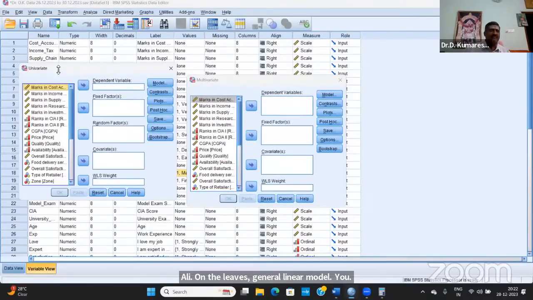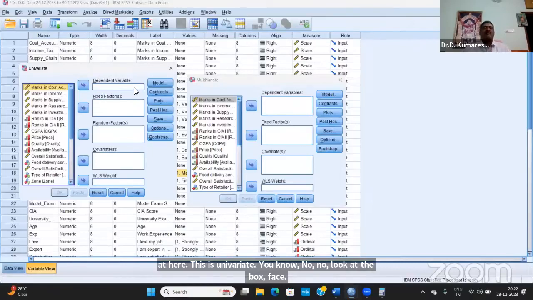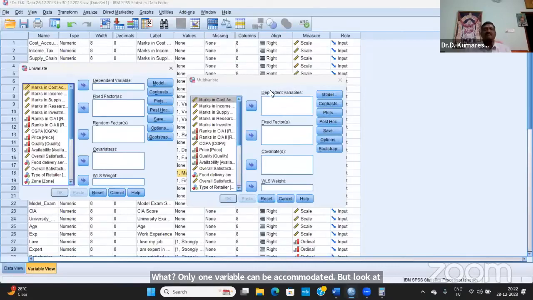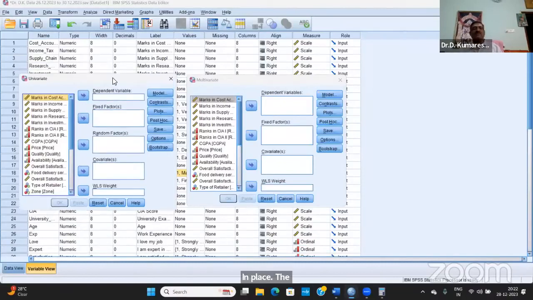This is univariate. Univariate is for two-way ANOVA. Look at the box size. Only one variable can be accommodated. But look at the size of this box, any number. Here, look at the fixed factors box, any number. Here also, any number. So this box size itself implies the number of variables to be accommodated.